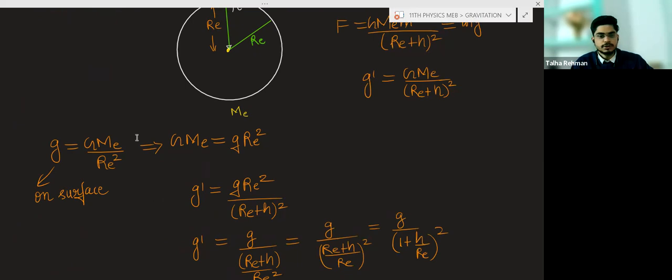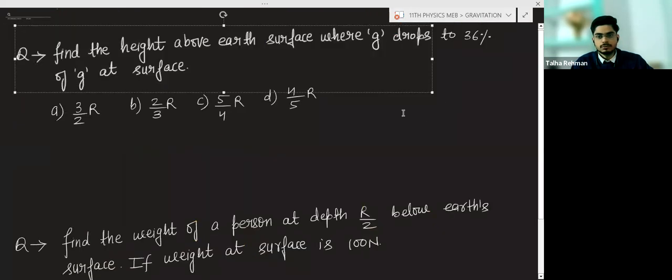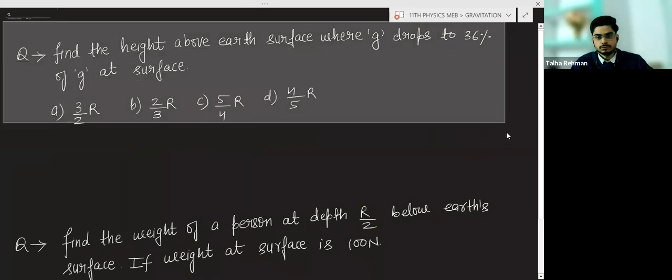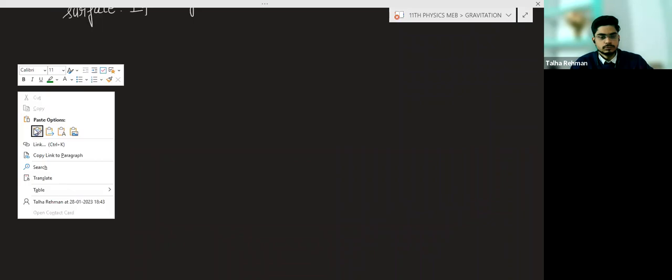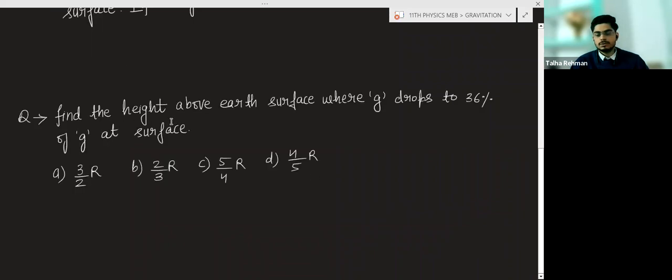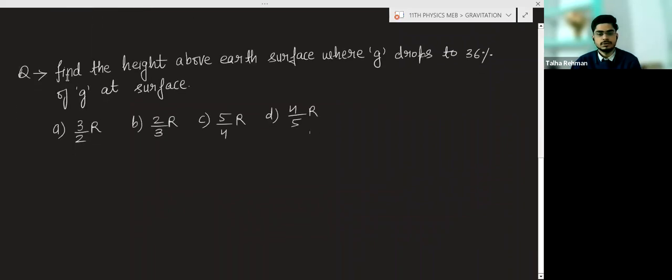So one question is there. They are saying find the height above Earth's surface where g drops to 36% of g at the surface.